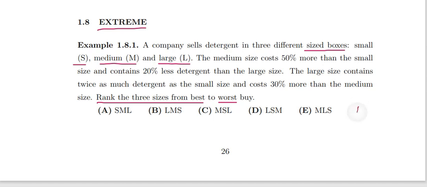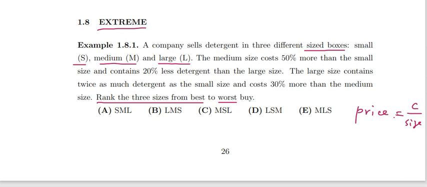We want to check their price. We will buy the cheapest one as the best one, right? So how can we get this price? The price equals cost over size, right? So this is the price. So we check this.